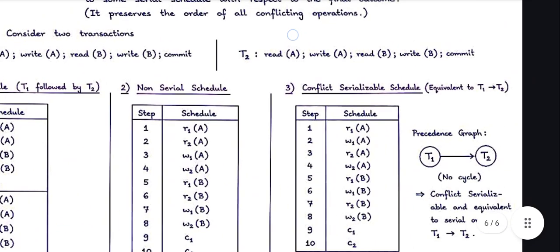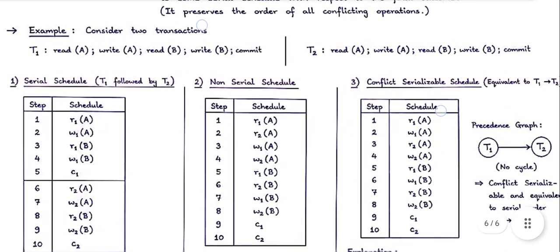But in the conflict serializable schedule, you have R1(A), W1(A), R2(A), W2(A), then R1(B), W1(B), R2(B), W2(B), like this.